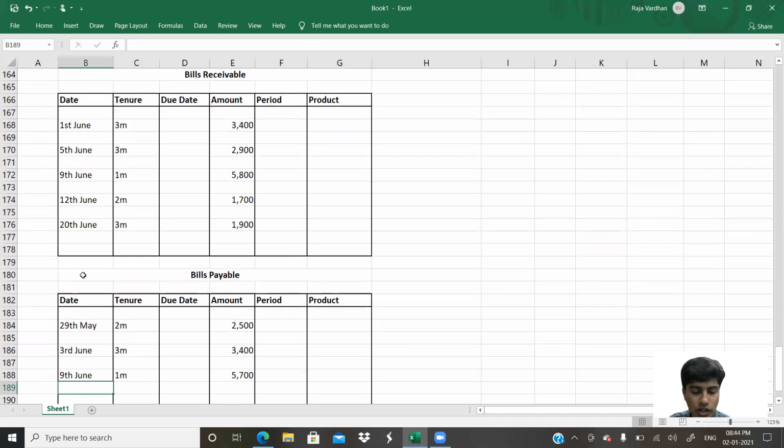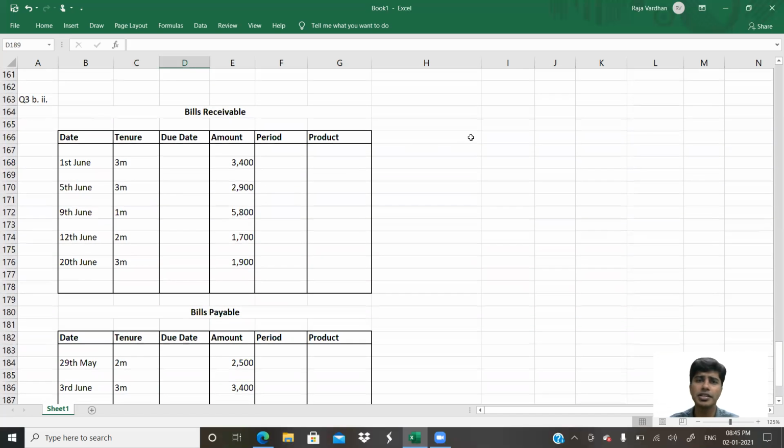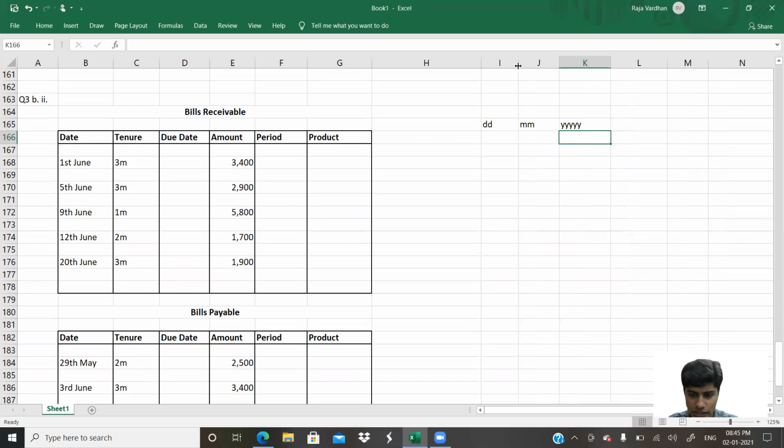Now, let's go on computing due date. A lot of people complicate this due date computation. I have a very simple formula of mine, which you can follow. DD, MM, YY. Just write everything in this DD, MM, YY format.